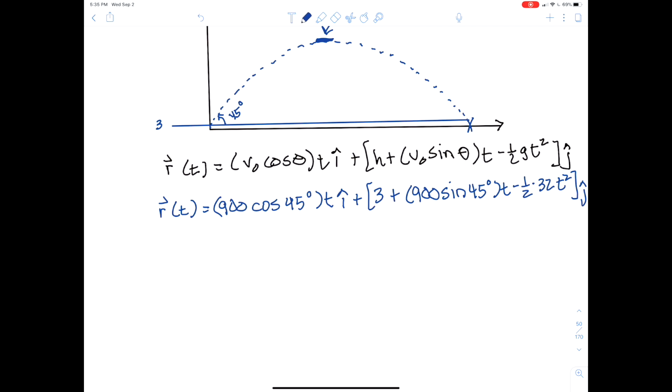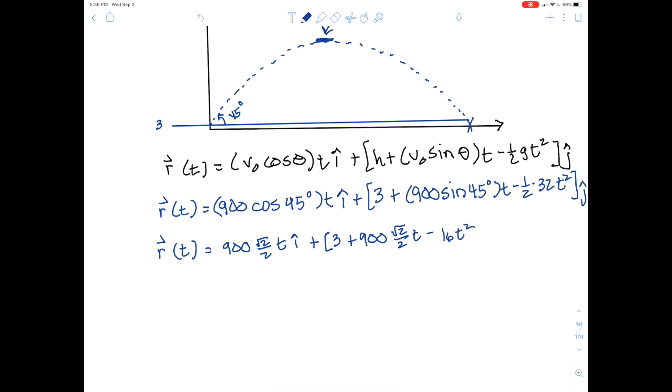Let's find out what we have going on. We can simplify r a bit. So that would be 900 times root 2 over 2 t times i, plus 3 plus 900 times root 2 over 2 times t, minus 16 t squared.